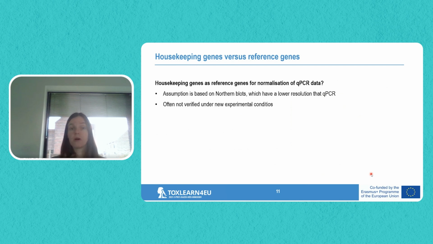And as you might remember from the first lecture in this series, northern blots generally have a much lower resolution than qPCR, which means that if there would be small differences in expression, for example, after exposure to stress conditions or in cells or tissues of different developmental ages, then these differences will most likely not be detected using a northern blot.